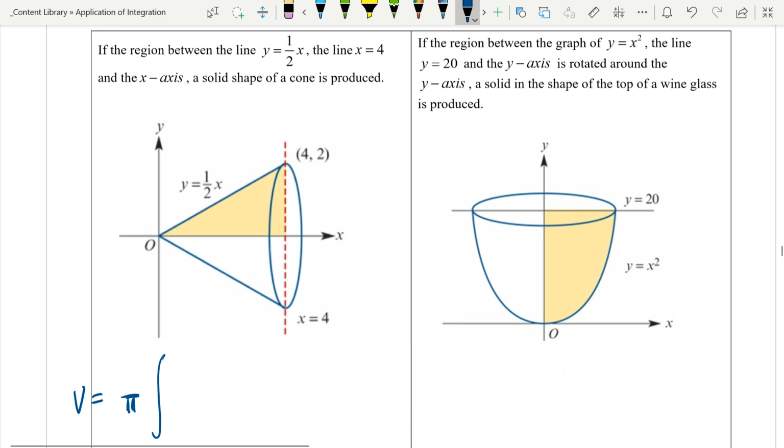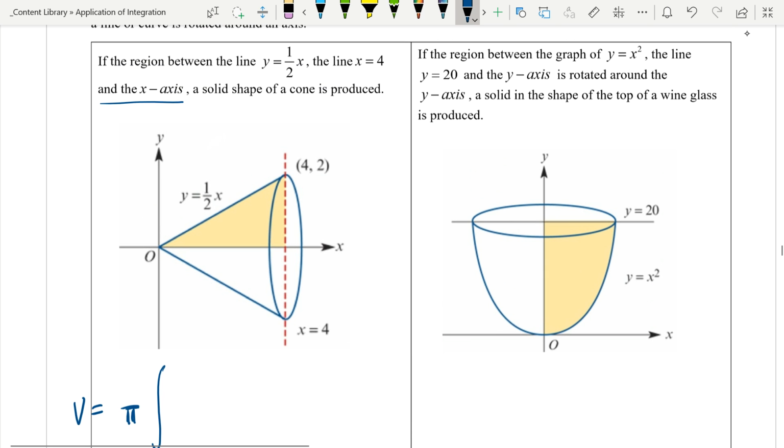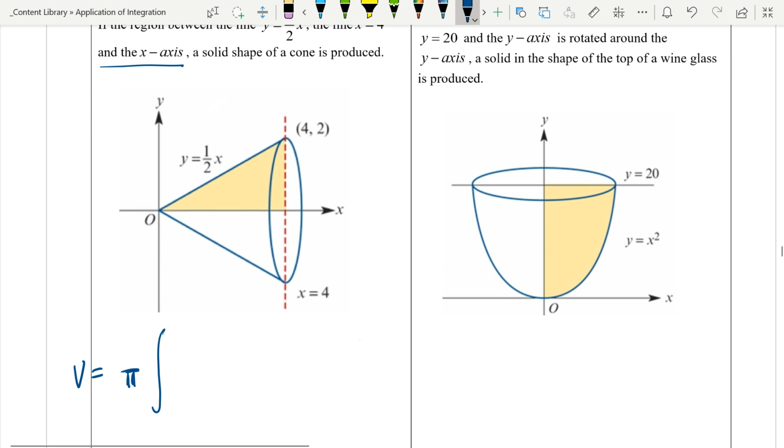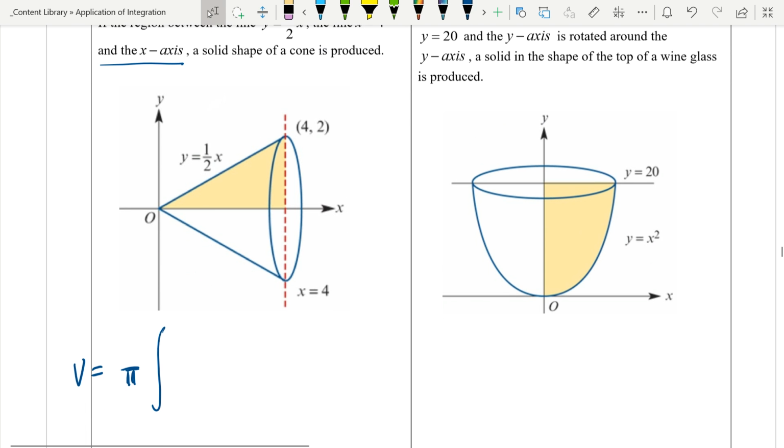Now what we think about next is which axis we rotate about: the x-axis or the y-axis. Whichever axis we rotate about, we put that d at the back. If it's rotated about the x-axis, we put dx. If we rotate about the y-axis, we put dy.